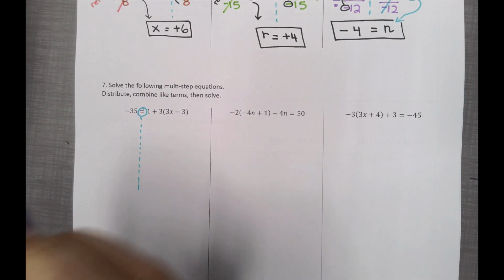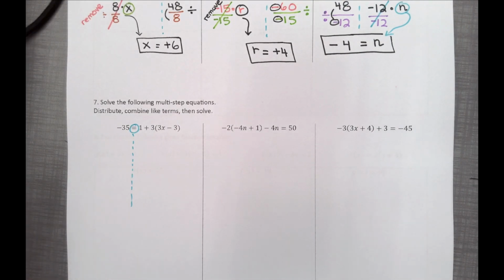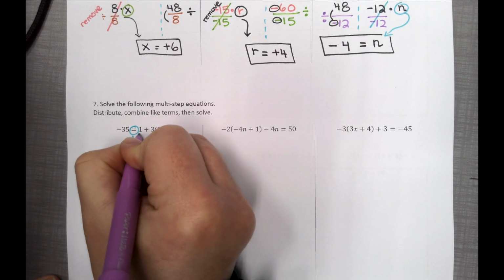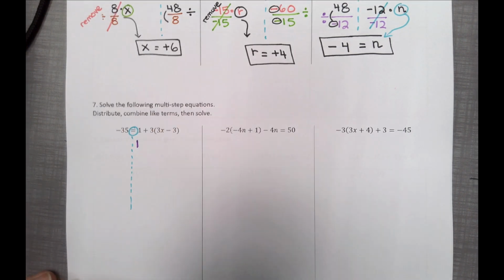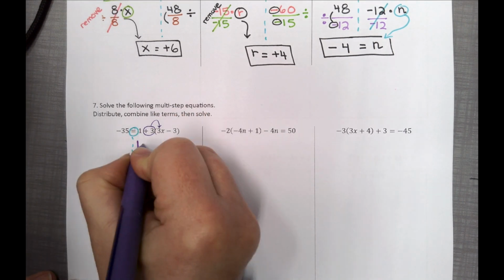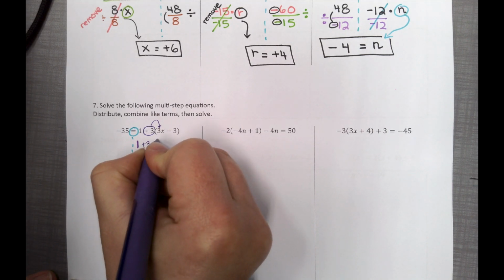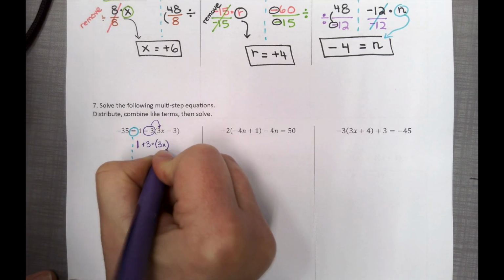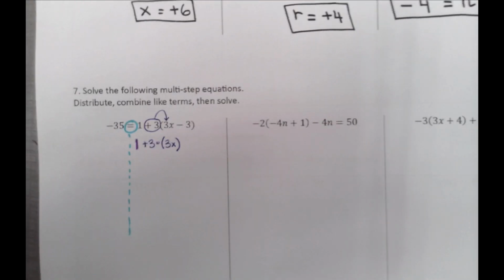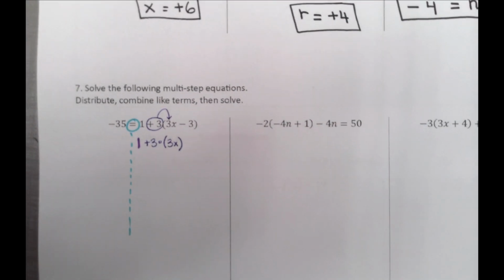And now here, you have to be careful because a lot of things are happening. We have this 1. We're going to bring down this 1. That doesn't change. However, I do have this positive 3 that's going to go on to another 3. So positive 3 times open 3x, close it. And I'm going to actually zoom in here so you guys can see a little bit better, hopefully.